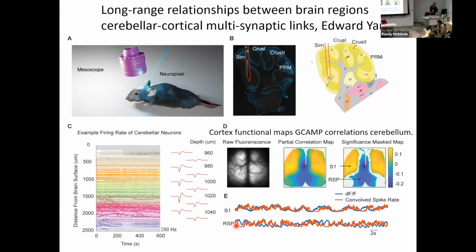We're also doing electrophysiology at the same time as we're doing imaging. We're using the high-density Neuropixels probes. And in this experiment, Edward Yan is looking at connectivity relationships between the cerebellum and the cortex.